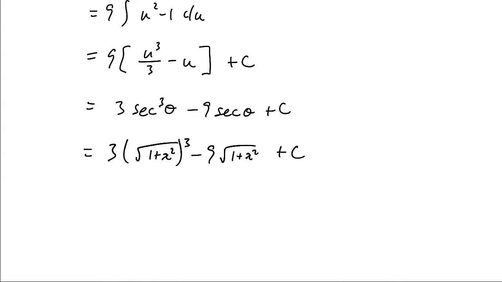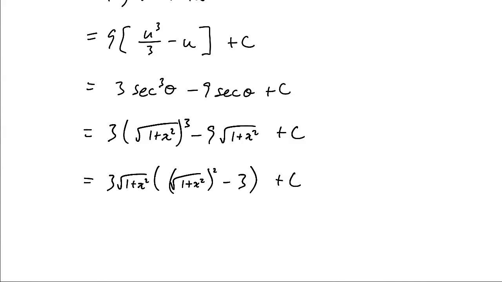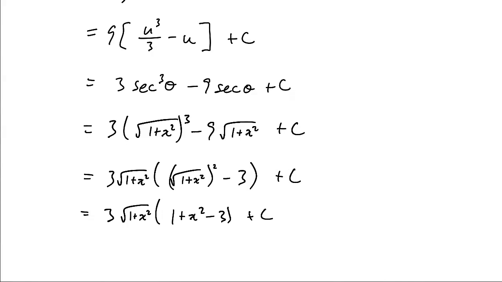You can leave it like that. You could also factor out a 3. 3 even square root 1 plus x squared, right? And then this becomes the square root of 1 plus x squared squared minus 3 plus c, which I could even write as 3 root 1 plus x squared times 1 plus x squared minus 3 plus c.